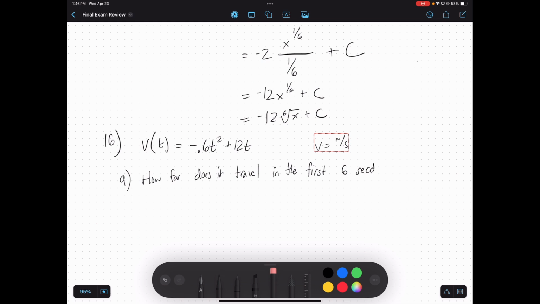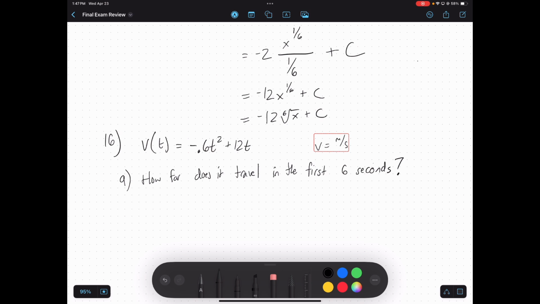So why is this antiderivatives? Why does this fall under chapter 4, which was all about antiderivatives and integration? It's just asking about things like velocity and acceleration. True. But this question specifically in part A is asking about position, right?